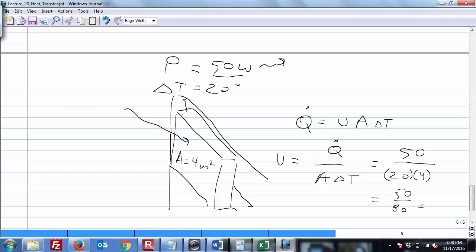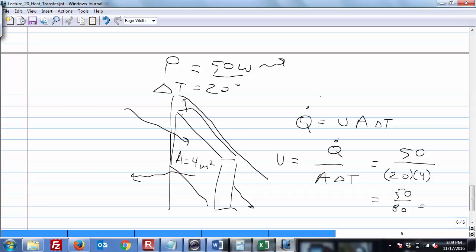There could be some convection along the back, and it could also be radiating back into space. But however you measure it, you're losing 50 watts. And it's 20 degrees difference between the system and inside. So this delta T is 20 degrees.